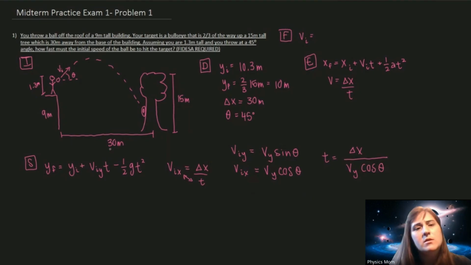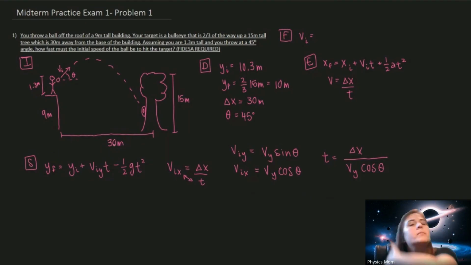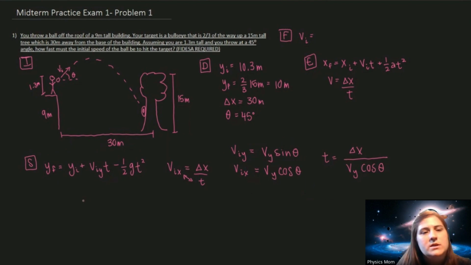And anywhere in this initial equation, I'm going to replace t with that expression right there, just a straight up substitution. I'm also going to replace viy with this expression right here. So that's going to give me y final equals y initial plus, oh, that should be a v, v sine theta.